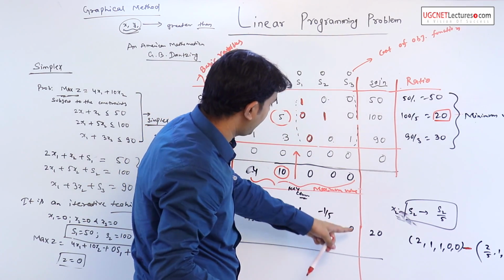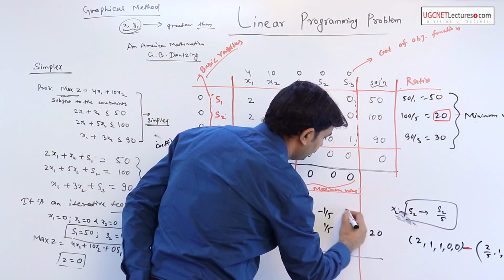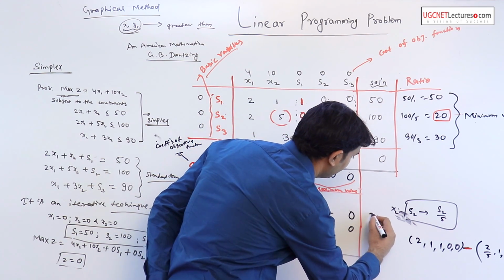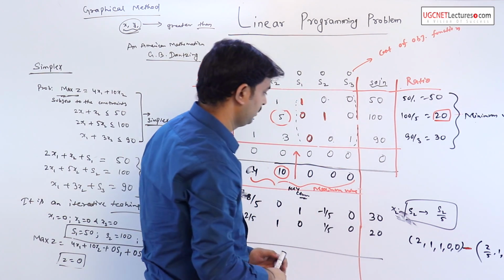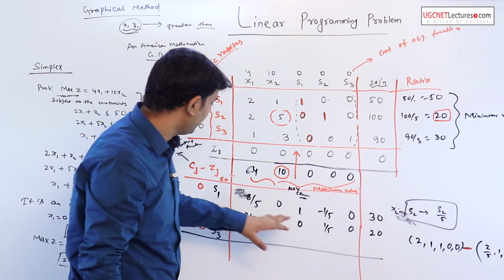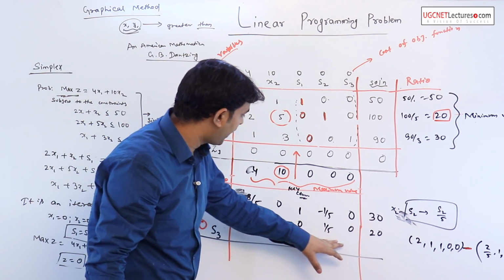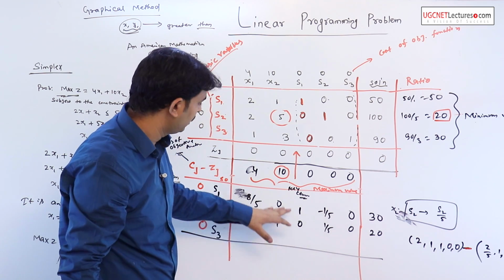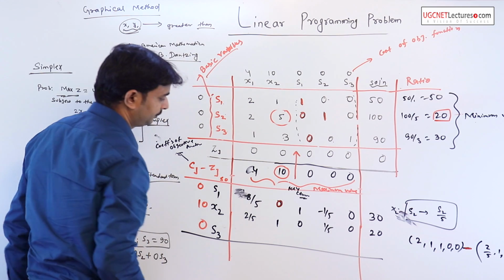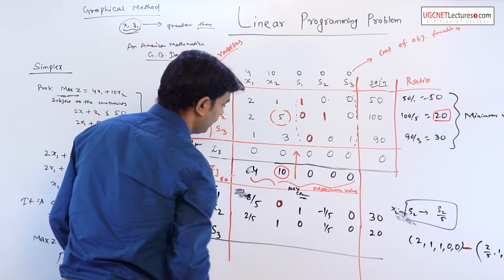And 0 minus 0 is 0. Similarly, for the solution, 50 minus 20 gives 30. So what we are doing is changing it by applying the Gauss elimination method. Now it becomes 0 and it's already 1.